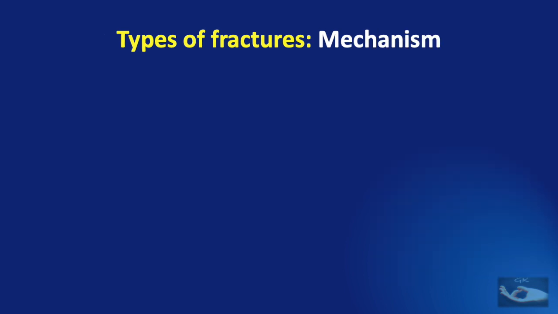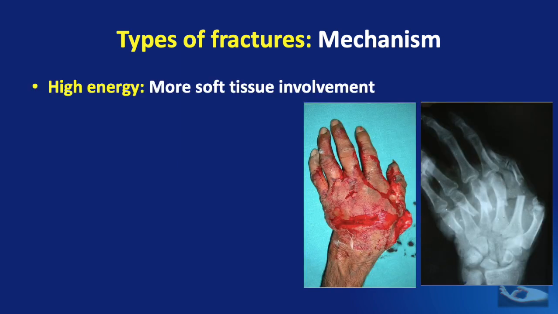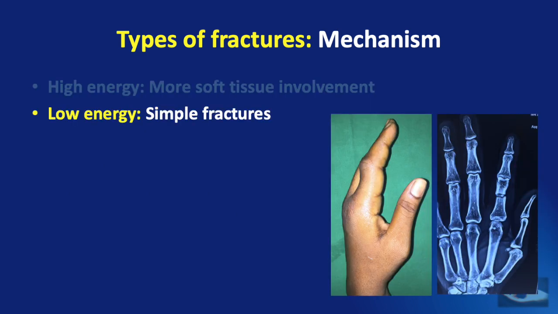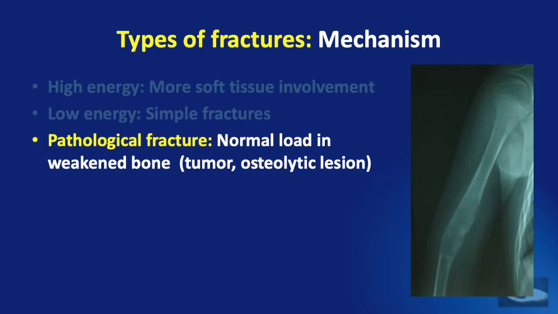Fractures can be classified even according to the mechanism of the injury. It could be high energy fractures, which would have more soft tissue involvement, or it could be low energy fractures, which usually result in simple fractures, or pathological fractures, where a normal load would result in a fracture of a weakened bone that is involved with a tumor or an osteolytic lesion, as in this example of a pathological fracture of humerus occurring in a patient with an aneurysmal bone cyst.